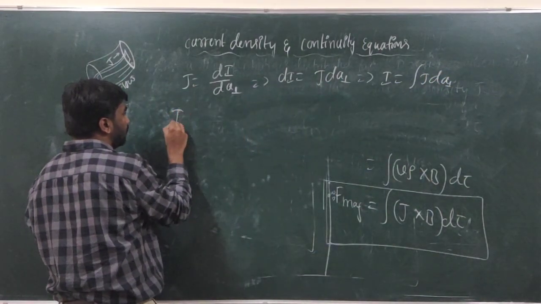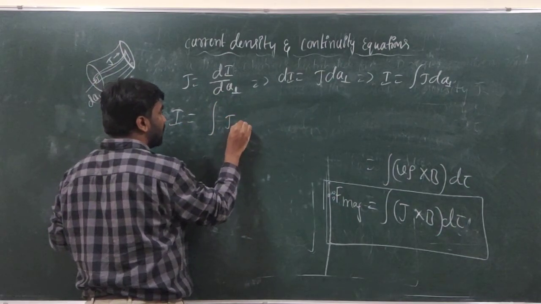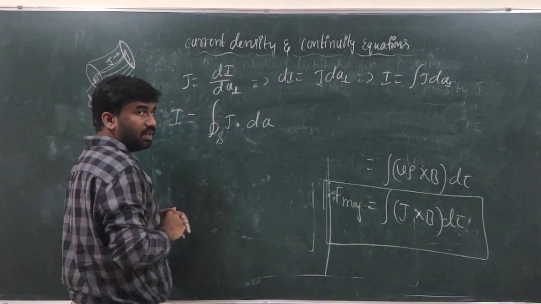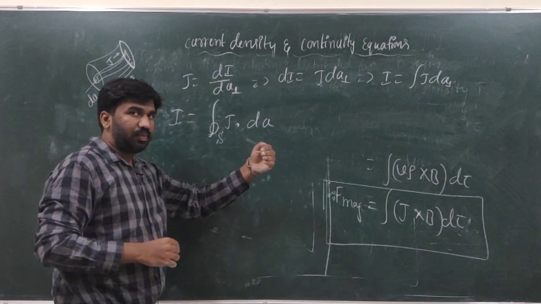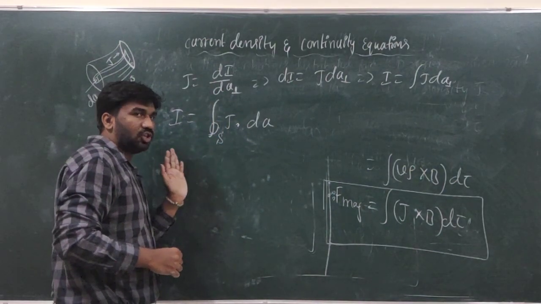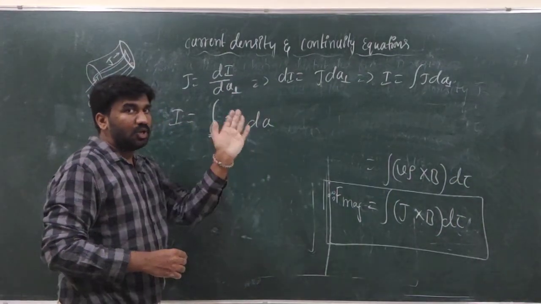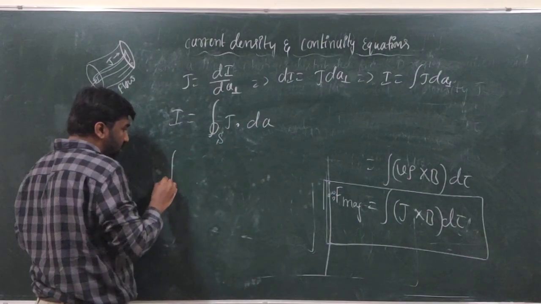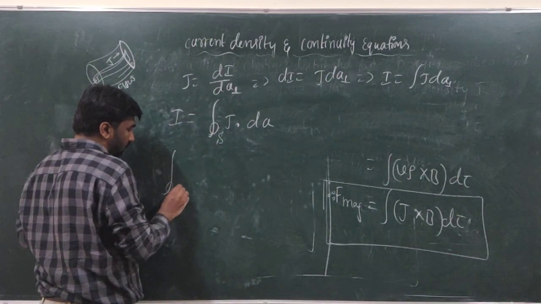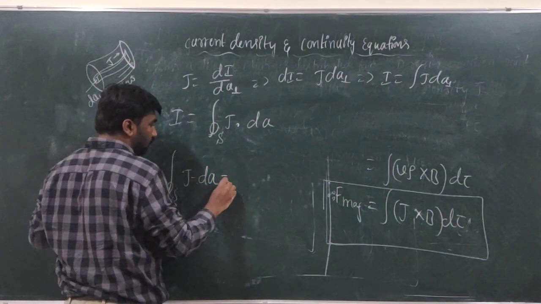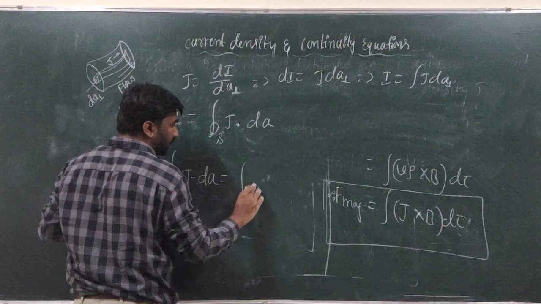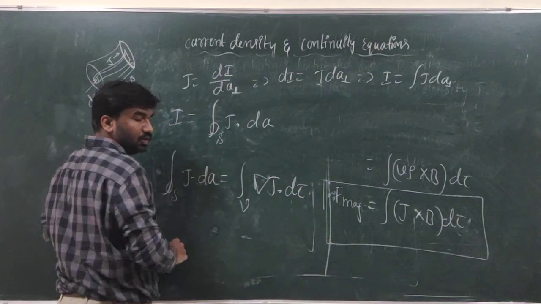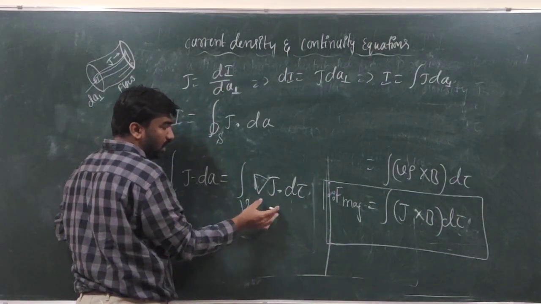In vector form, I is equal to the integration of J dot dA over a closed surface S. That means the charges are passing through the closed surface, so current is coming out from the surface. And by the divergence theorem, this is also the integration of del dot J d tau, which means the current outflow from the volume.